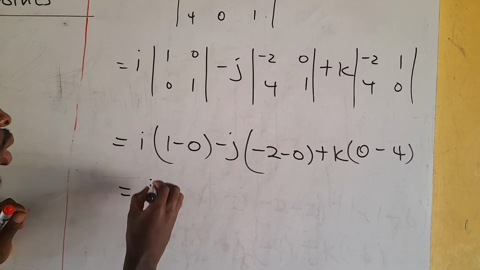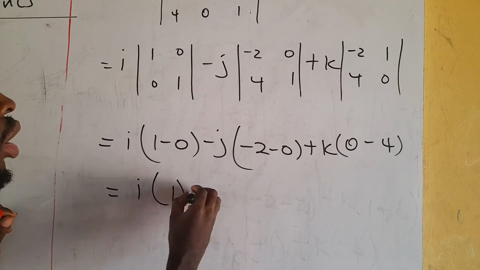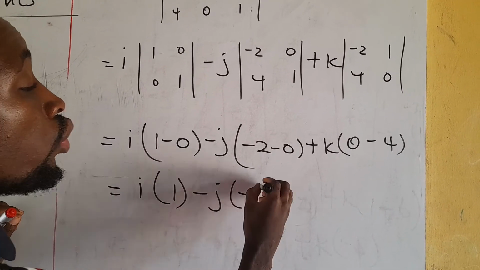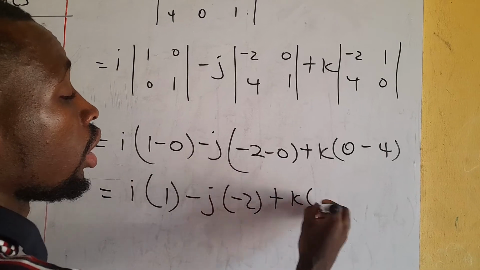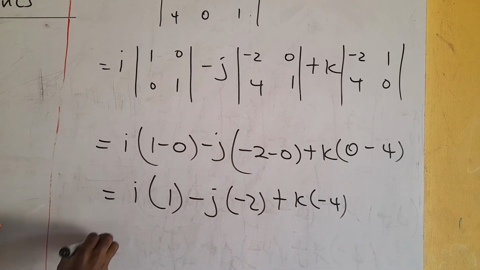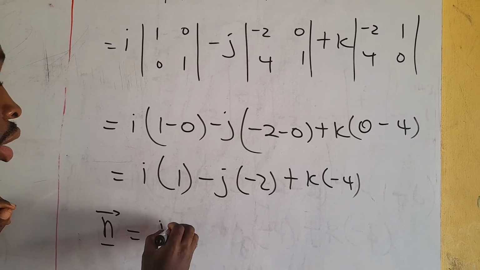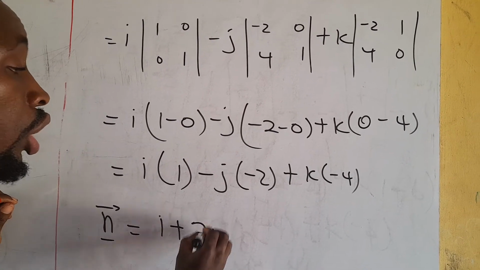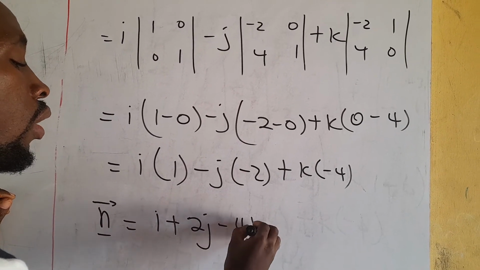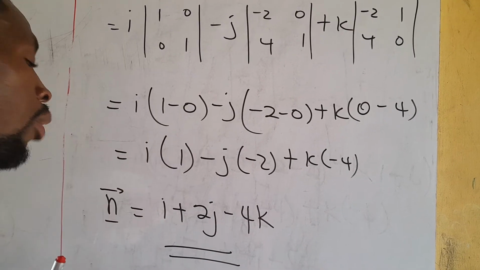So we have i times 1 minus j times negative 2 plus k times negative 4. Now our normal vector n will be equal to i plus 2j minus 4k. I hope you got the normal vector.